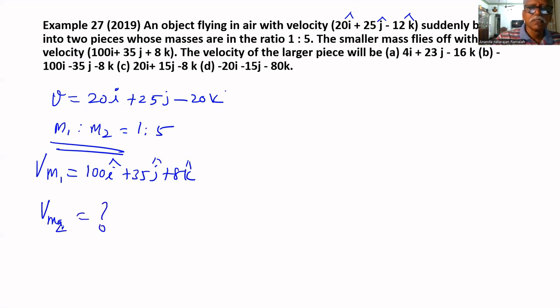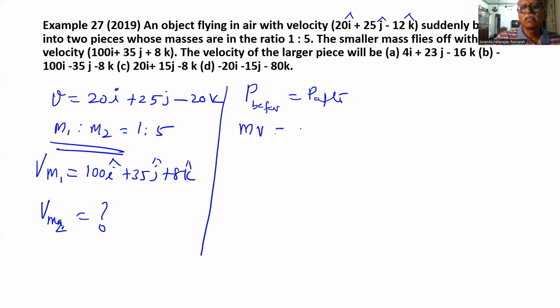That is asked. In this case, we know that momentum before equals momentum after. P before is MV, and P after is M1V1 plus M2V2. M is not given, but the M1, M2 ratio is given, 1 is to 5.